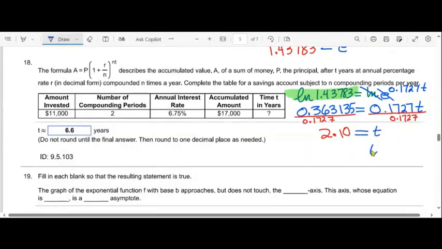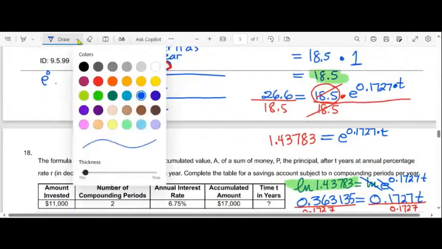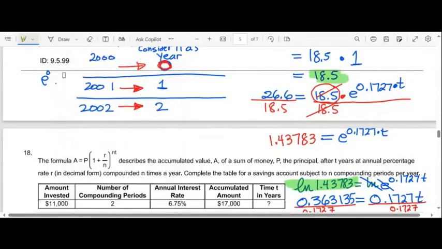So if t equals 2, what year is that? Remember, t is the time. What year is 2? 2002. Exactly.